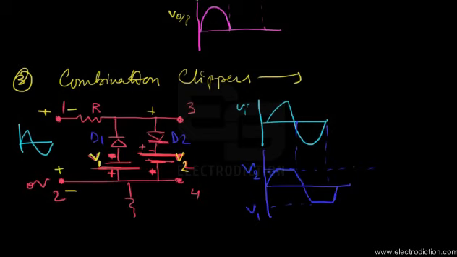This type of combination clipper circuit is especially important in high power devices, where it's necessary to prevent any kind of surge voltage or current from reaching its peak, which may sometimes exceed the maximum tolerable limits of circuits. So in case of high power devices, this concept is highly essential and finds great application in power electronics.